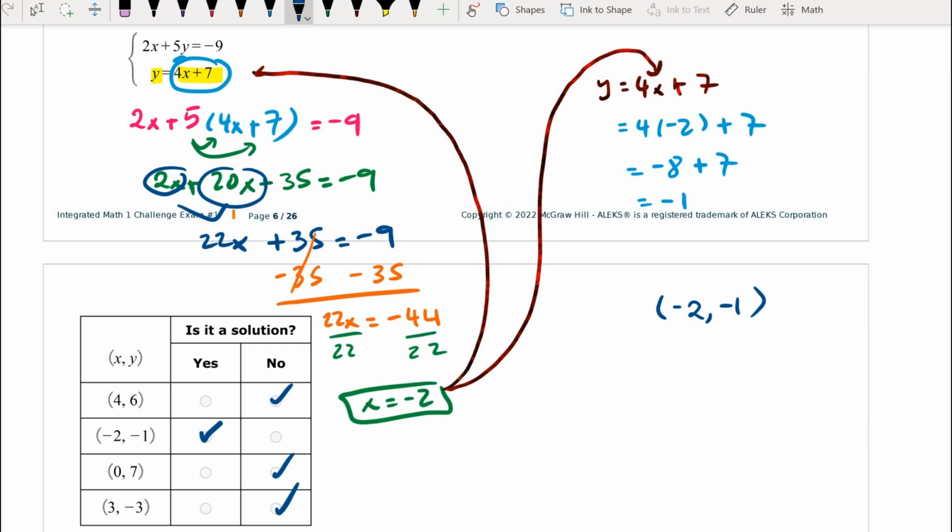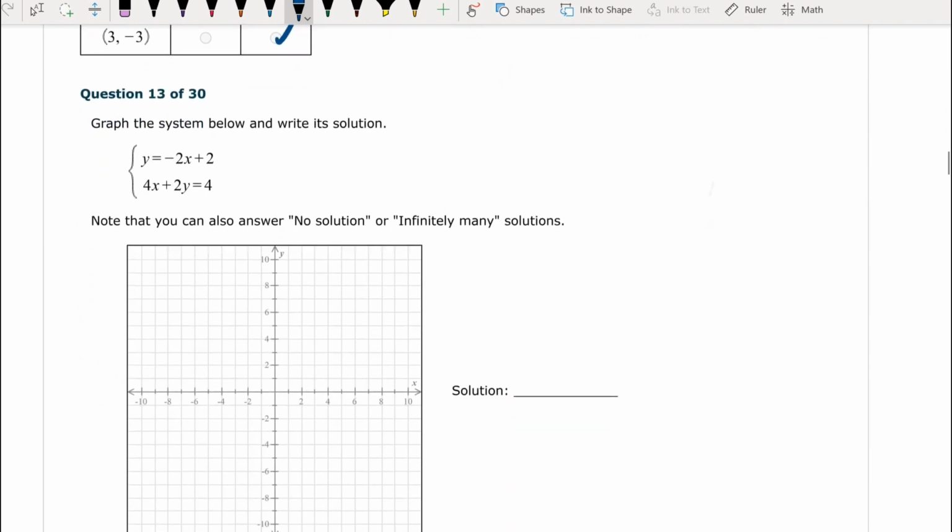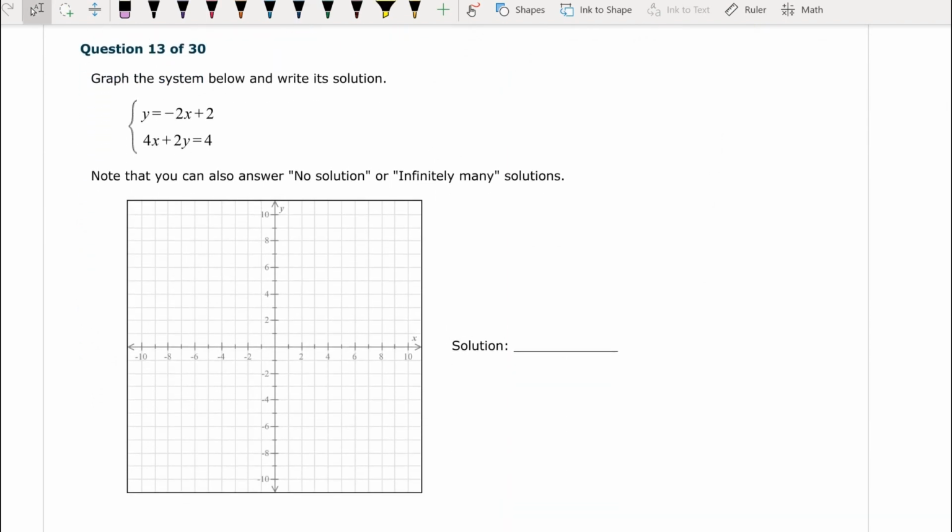Alright, we're heading to problem number 13. Graph the system below and write its solution. Okay, so we're going to look at the first equation, y equals negative 2x plus 2. To graph this, we can use rise over run. So y equals mx plus b, where m is negative 2 and b is positive 2.